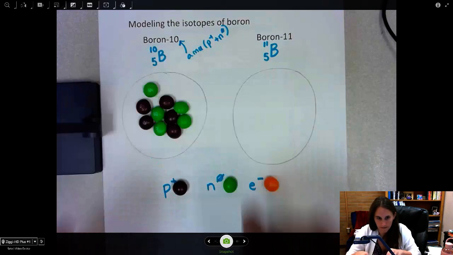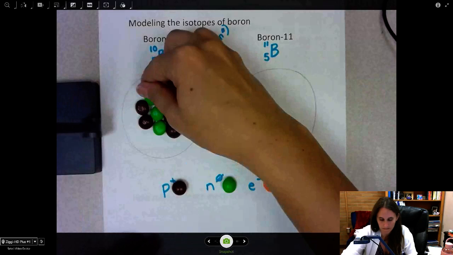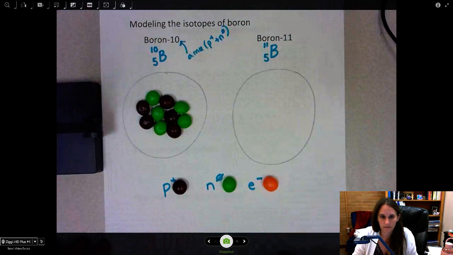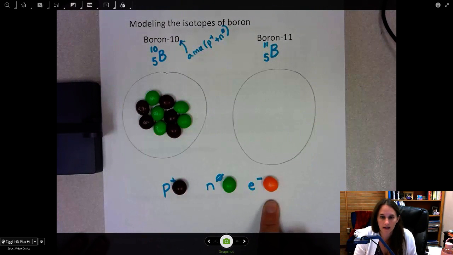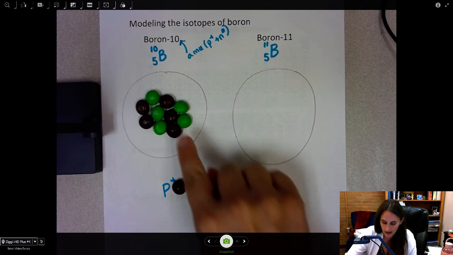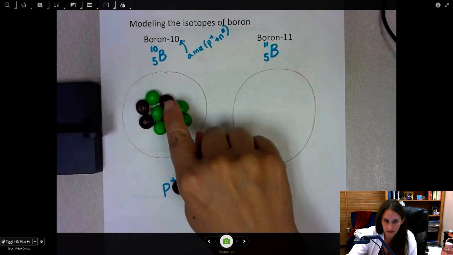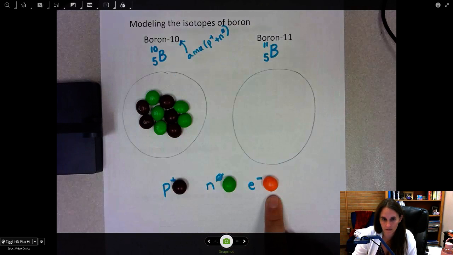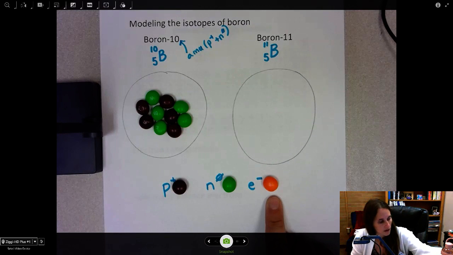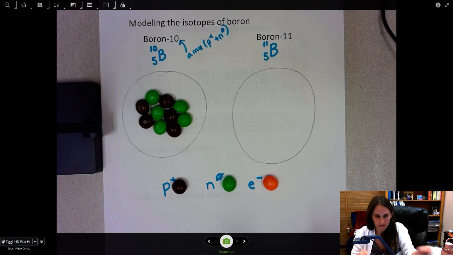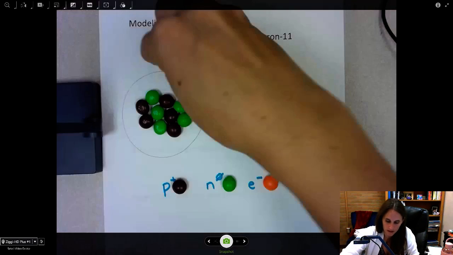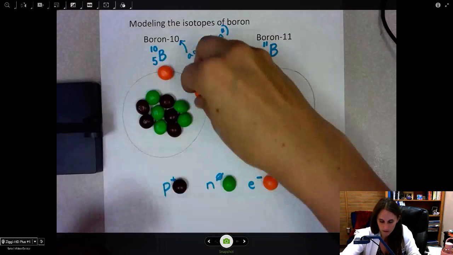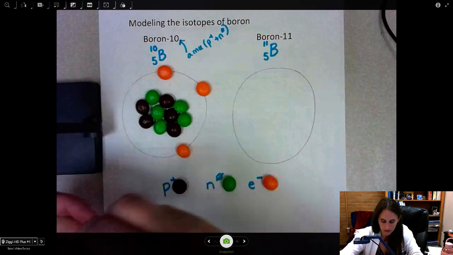Woo! There. And then for electrons, atoms are by definition neutral. So if I have 5 positive particles, I must have the exact same number of negative particles to cancel that out. So I need 5 orange electrons. And I'm going to just put them on my circle outside.